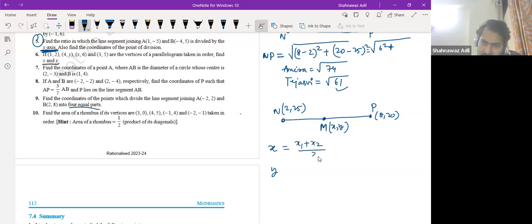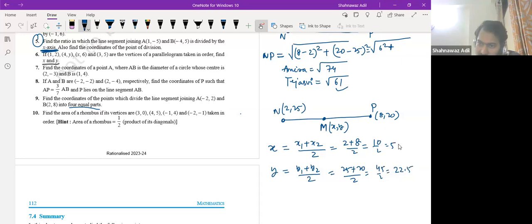Because they have not told us the ratios, they have said that this is the midpoint, so we can write it easily. So this would be 5 and this would be 20. This would be in this quadrant.